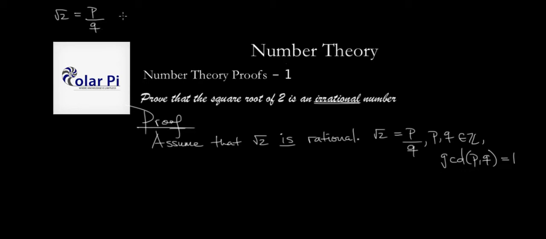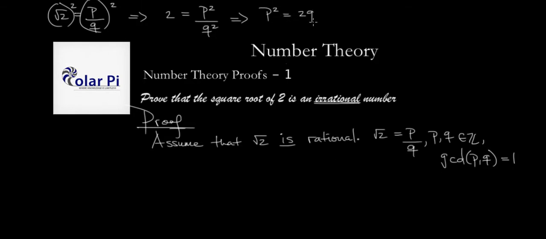Saying that the square root of 2 equals the quotient of two integers, p divided by q, will allow us to write the following upon squaring both sides of this equation. If we square the left side and the right side, then 2 is equal to p squared divided by q squared. But then this in turn implies that p squared is equal to 2 times q squared.